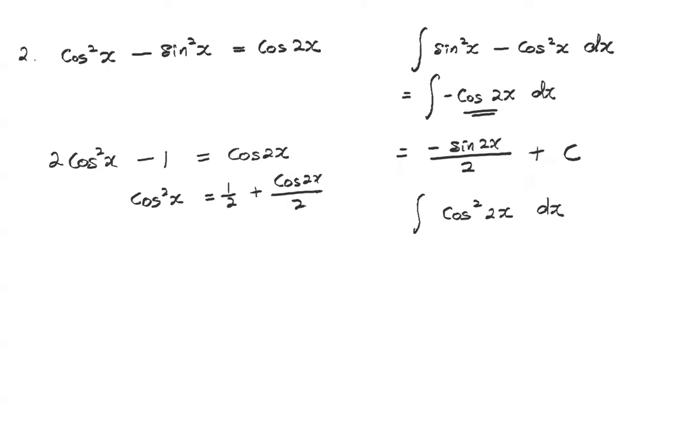So now I can straight away apply this formula in here. It will be half plus cos 2 times the angle over 2. That is how you use double angle.